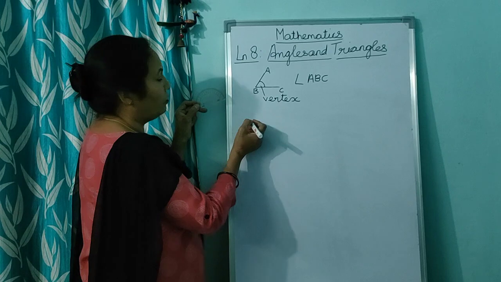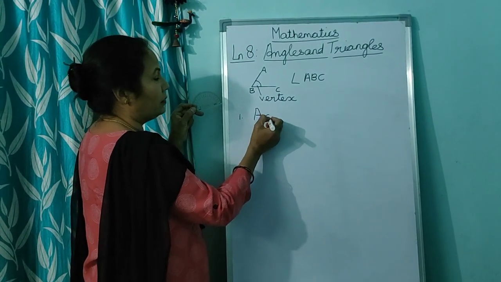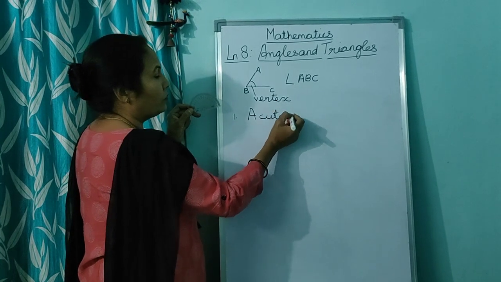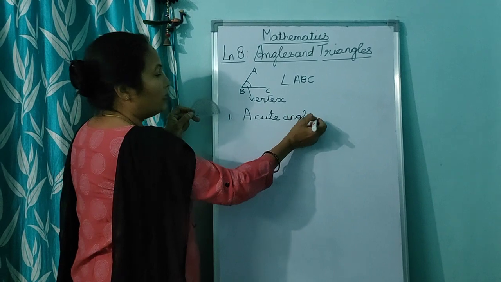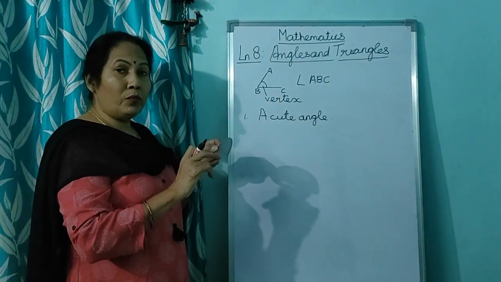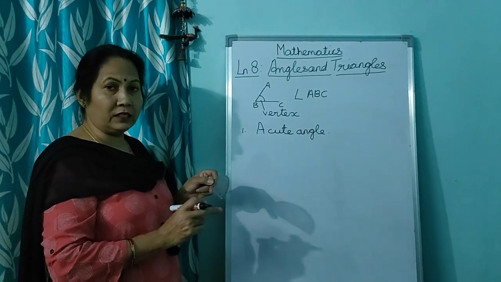Now children, the first angle is acute angle. Now what is acute angle? Acute angle is more than 10 degree and less than 90 degree.